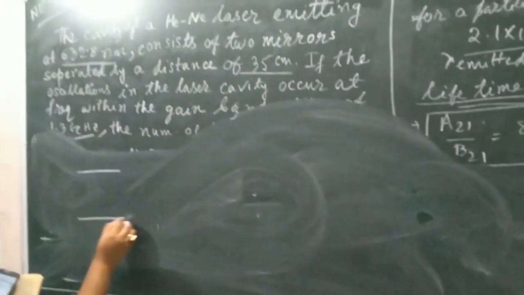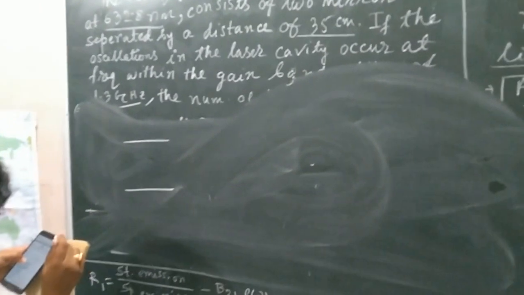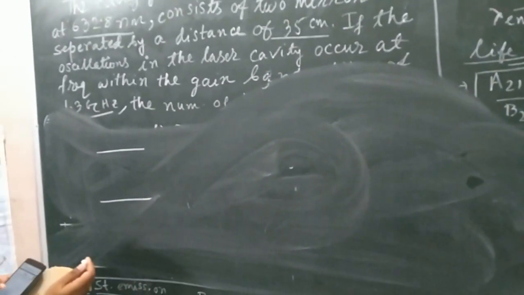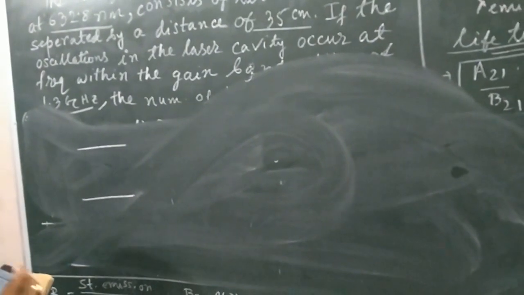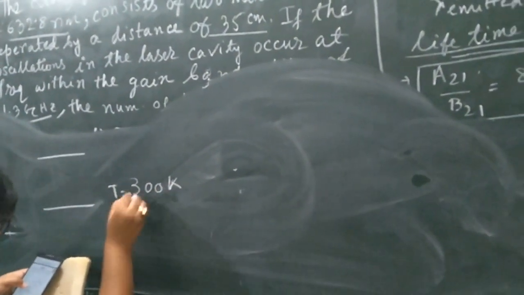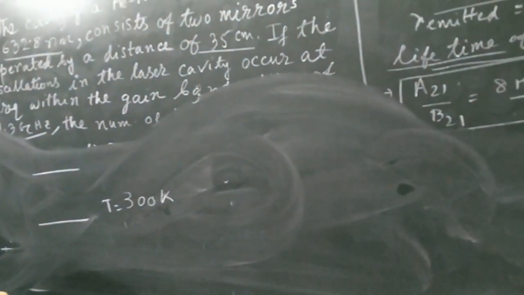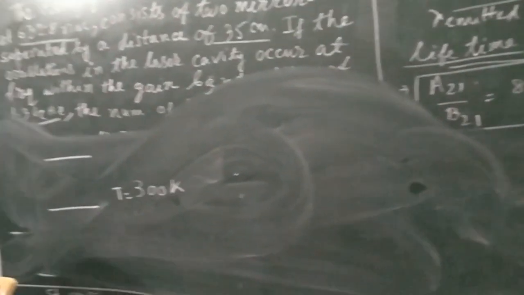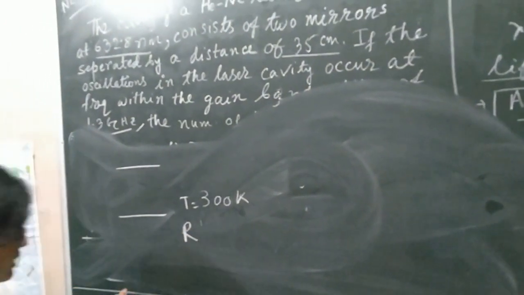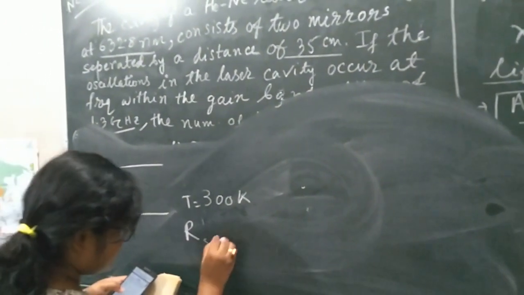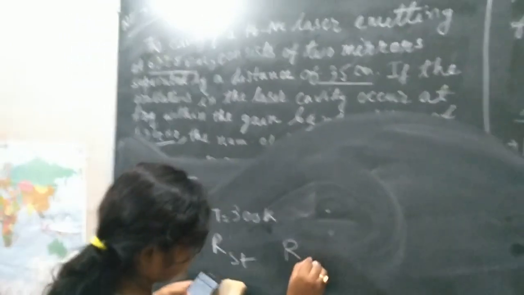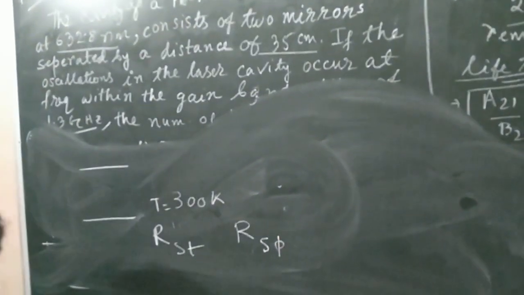So you have a two-level system where spontaneous emission is allowed and stimulated emission is also allowed. At room temperature, that is T equals 300 Kelvin, what is the frequency below which thermal emission dominates over spontaneous emission? I denote the rate of stimulated emission as RST, and the rate of spontaneous emission as RSP.